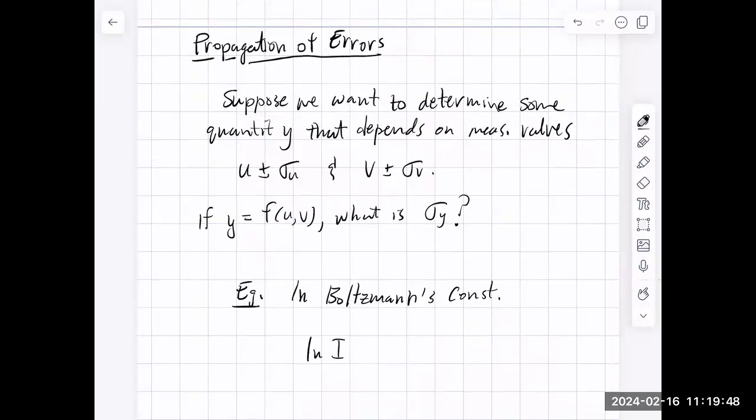You measure a current I, and the ln of I is approximately equal to the ln of I naught, some constant, plus E over kBT times V, where V is a voltage, T is temperature, E and kB are constants. So what you end up doing is you measure the current as a function of this voltage. It's a transistor circuit, so you're measuring the current into the collector of the transistor as you vary the voltage at the emitter. Anyways, those details don't matter for what we're talking about.